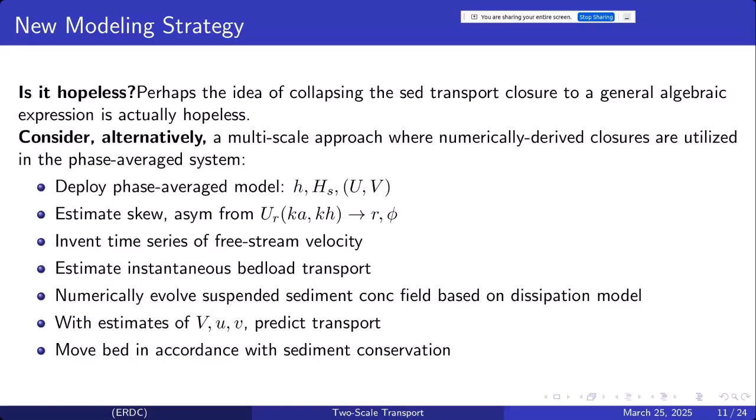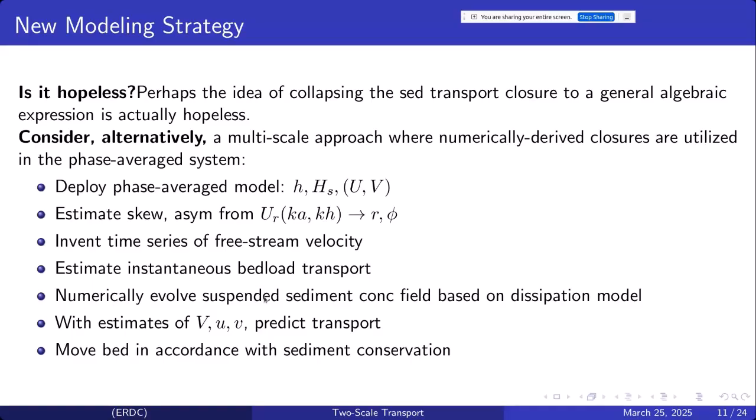But in this case, we have a simple enough system of monochromatic waves where we can make just one single period of these things, and generally we split it up into something like 20 points per wave. We can estimate the instantaneous bedload transport, which is very similar to what I showed you earlier, so I won't go over it again.